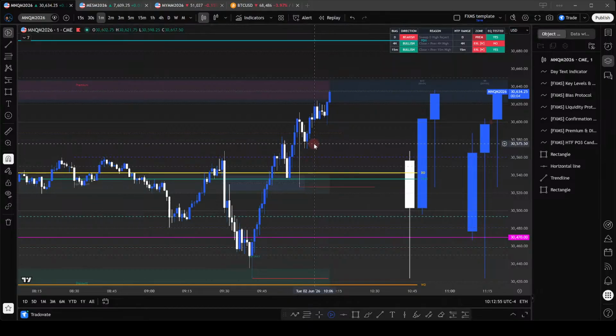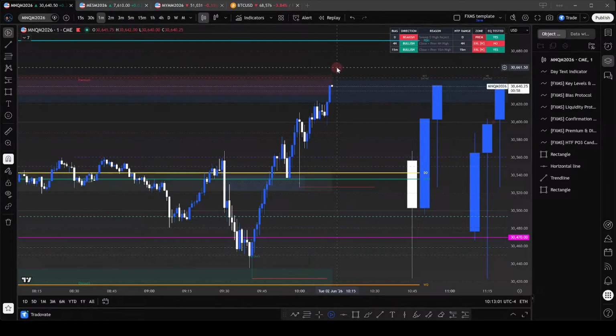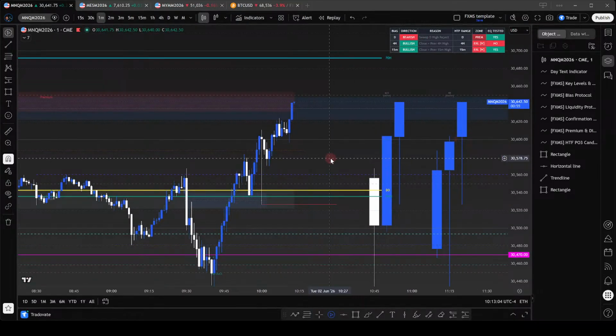So would have liked to have gotten a sweep below here. But obviously we're seeing that it's not the case.